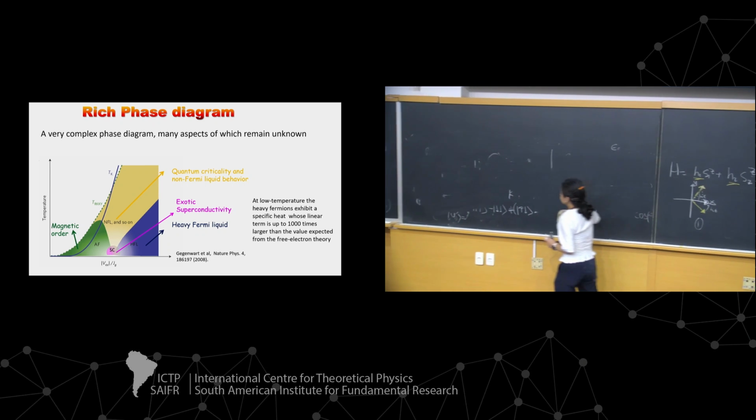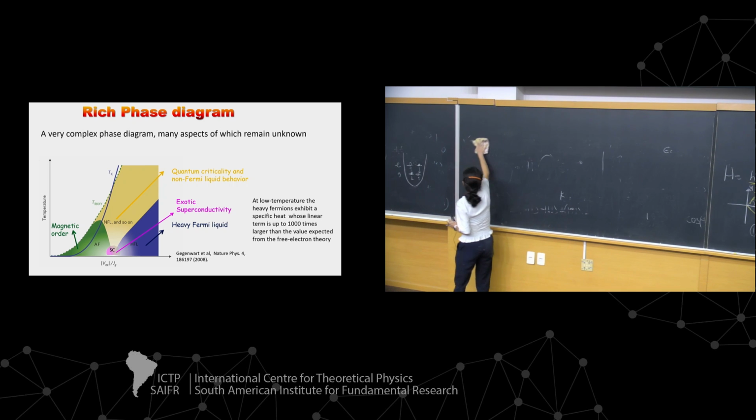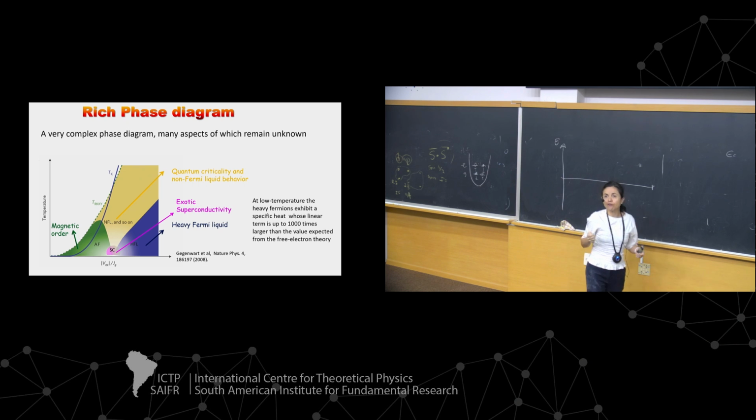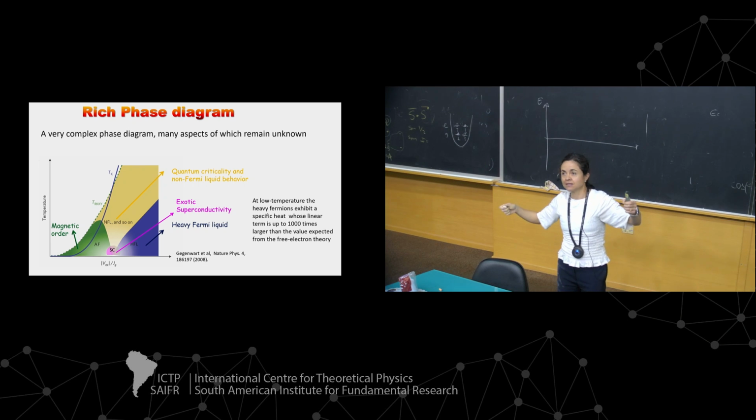If you treat the interactions as a perturbation, and you write the energy levels, or the dispersion relation, of particles that are hopping in the lattice, they have a dispersion relation that is 4J cos k, with k the quasi-momentum.